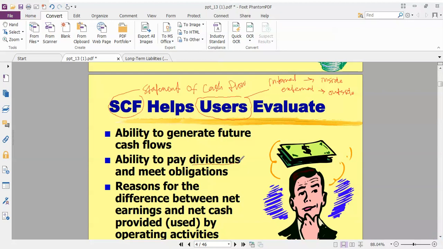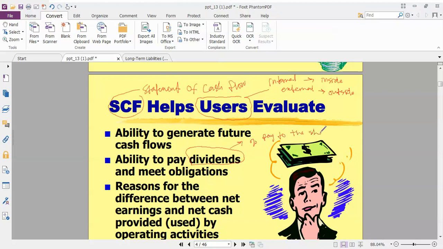Do you remember dividends? What is this? The dividends are the percentage of money that we must pay to the shareholders.